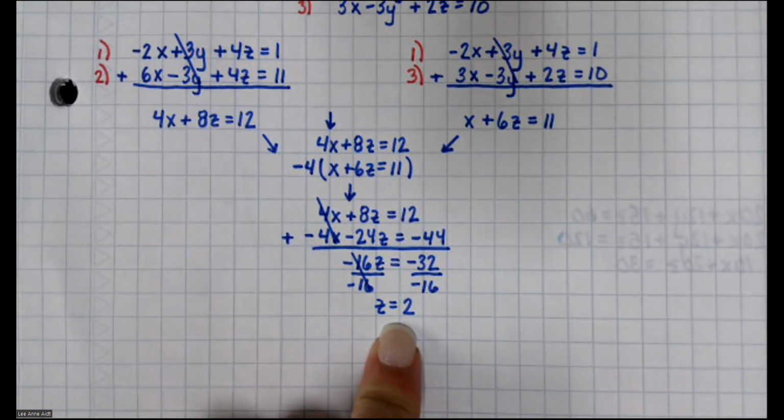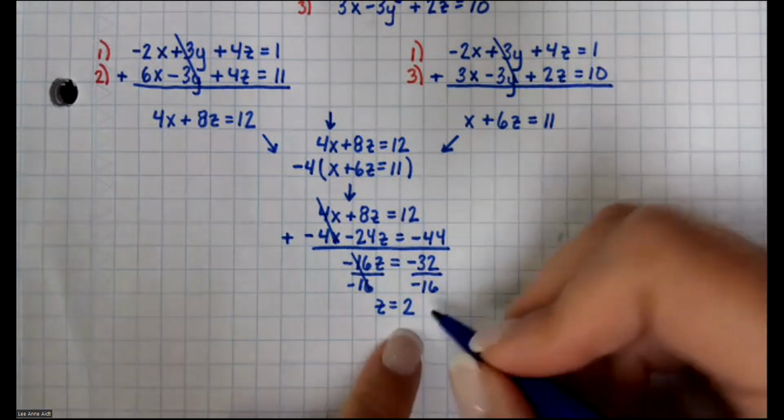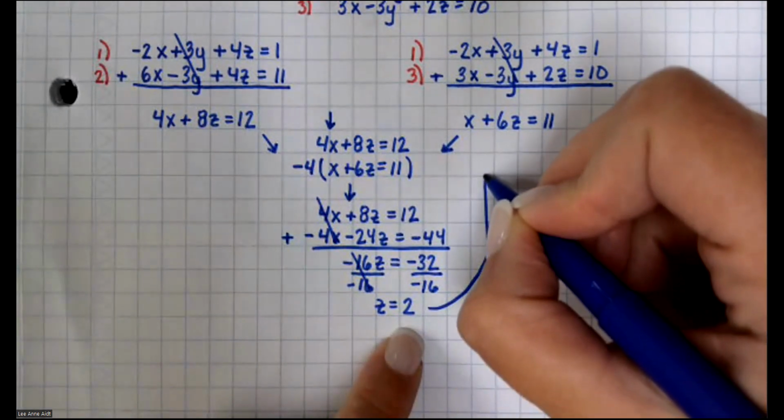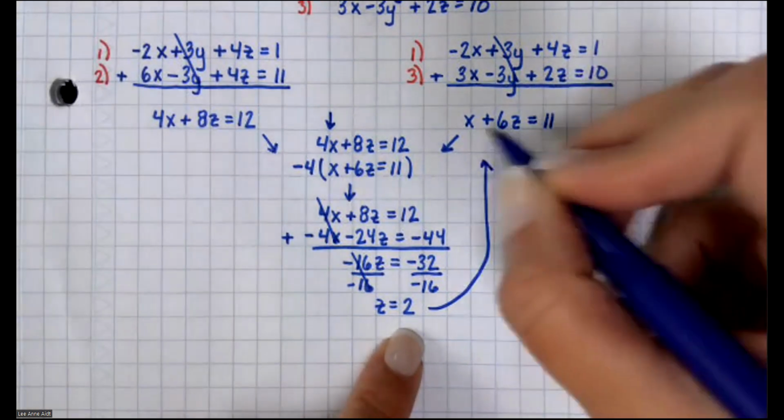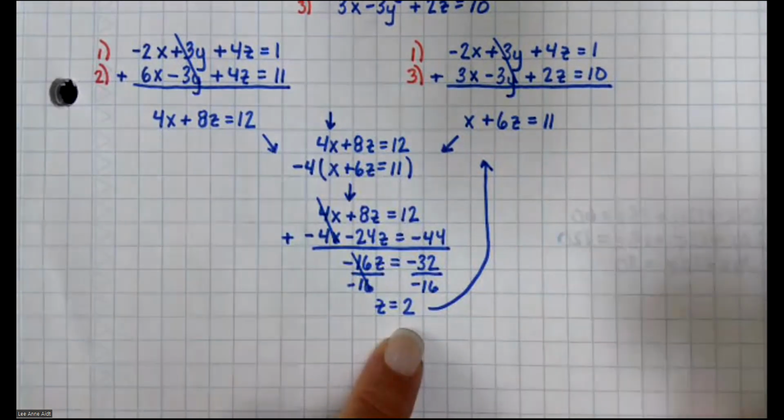But most of the time they are. Now, I have Z. Am I done? No. What I'm going to do next is I'm going to take this Z and plug it into either one of these two. I usually do this one just because it's over here.